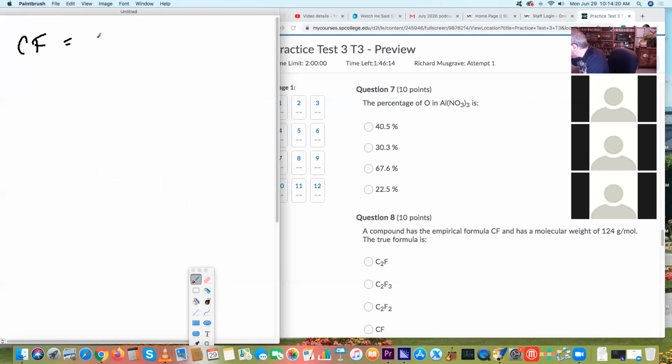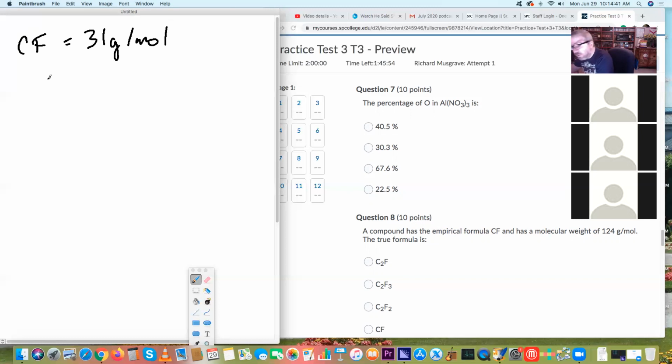And CF would weigh, I think, 31. The way I get 31 there is 12 plus 19, which are the atomic masses off the periodic table for those elements. So 12 plus 19 is 31.